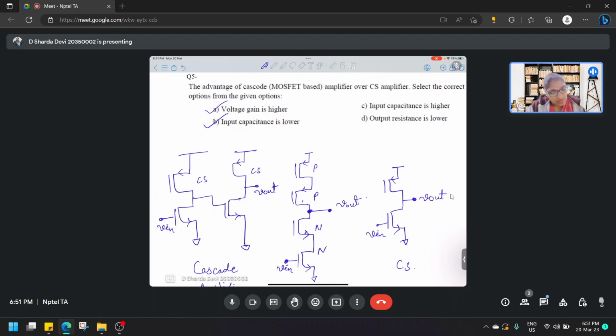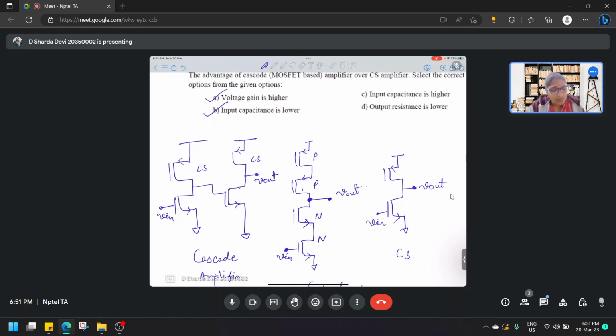And if we also look into how many poles we have, here we will have 1, 2 poles and 3. That is your input pole. For the CS stage, these 2 poles are comparable to each other and almost close by. Whereas in the case of cascade, it is this pole whose resistance is higher because it is at the drain, whereas these two are drain-source connections.